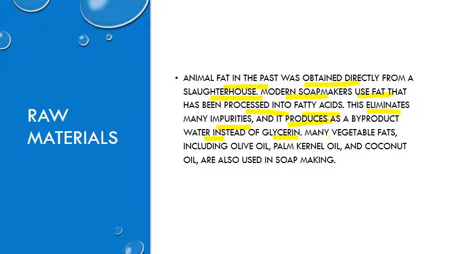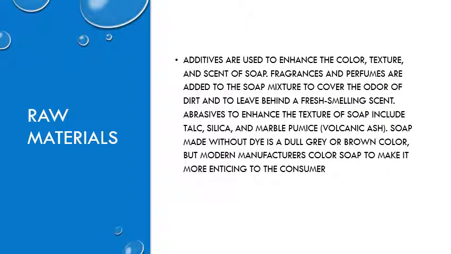Many vegetable fats, including olive oil, palm oil, and coconut oil, can be used in soap making. Besides the main raw materials, additives are used to enhance the color, texture, and scent of the soap.